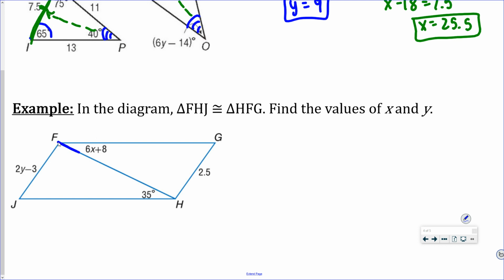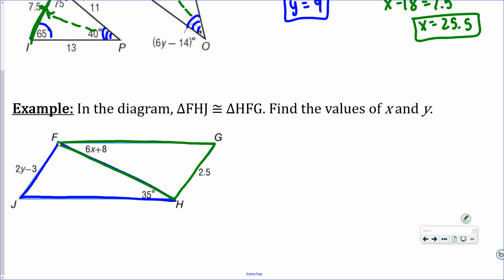All right, FHJ, I'm going to trace that triangle. And then they say it is congruent to triangle HFG.